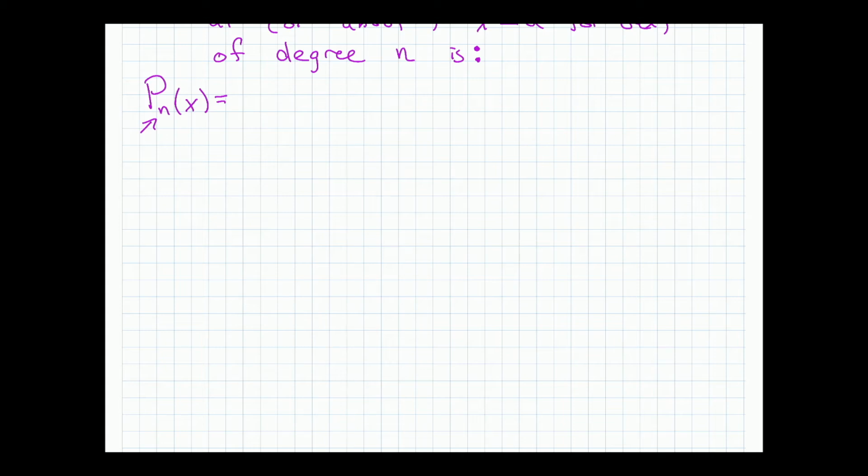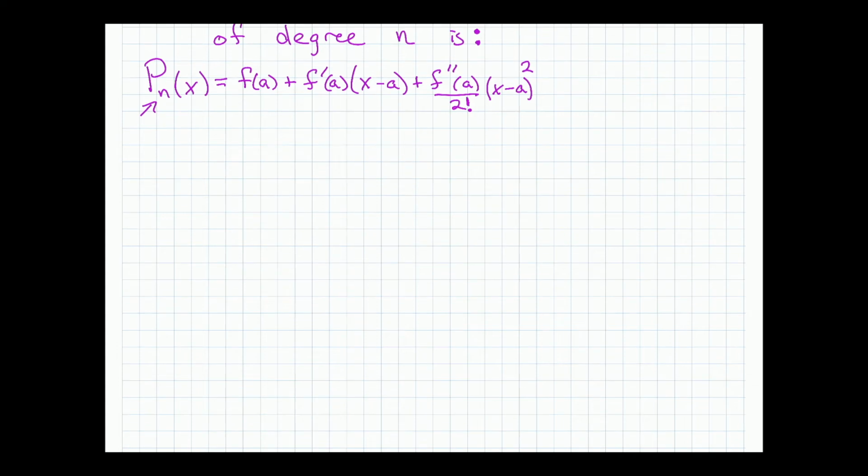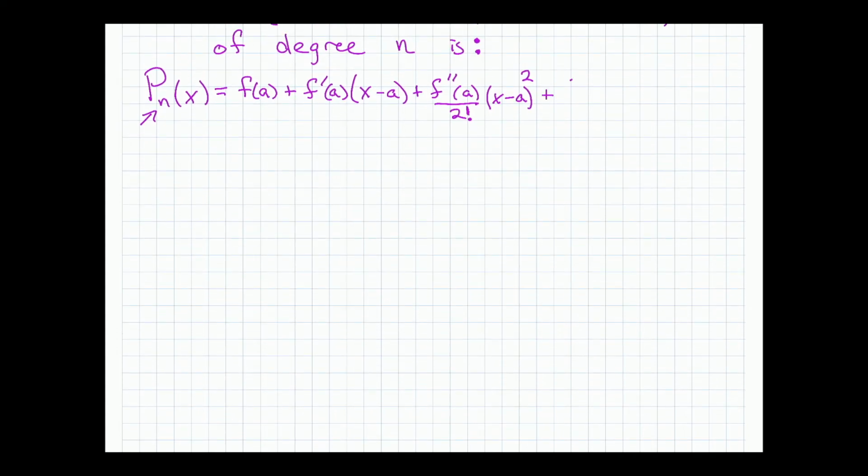So it actually starts out the same as the linearization. You go f of a plus f prime of a, parentheses, x minus a, then you go up to the next one, f double prime of a over 2 times x minus a squared. And actually, I'm going to start putting in factorials here. 2 is 2 factorial. The next term is f triple prime of a over 3 factorial, then x minus a to the 3.